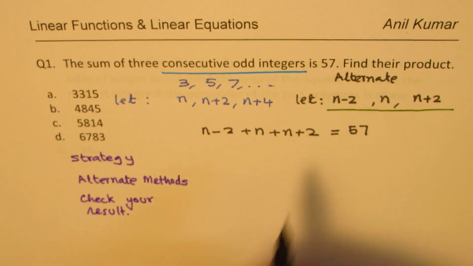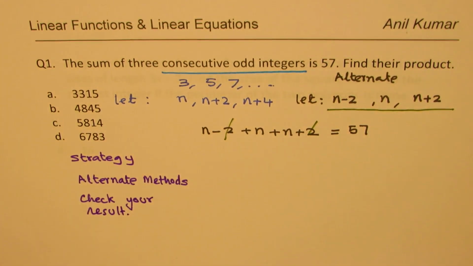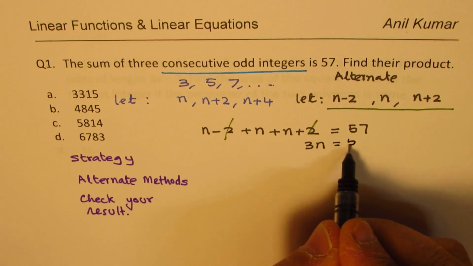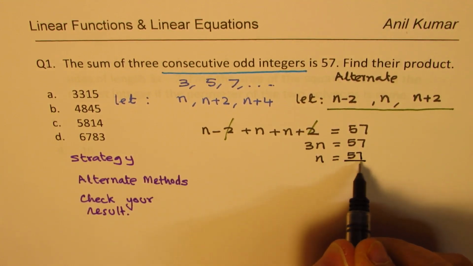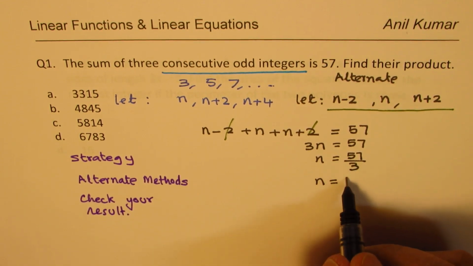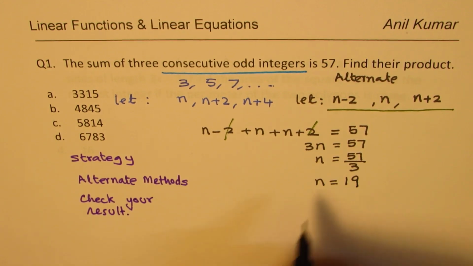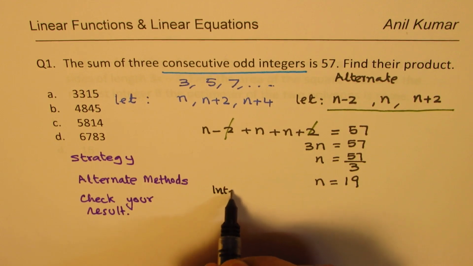Now, if you add them, the minus 2 and plus 2 become 0. You are left with just 3n. So you say 3n is equal to 57, right? So n is 57 divided by 3, which gives us the value of n as 19. Once you get your answer, then you say the consecutive odd integers are what?